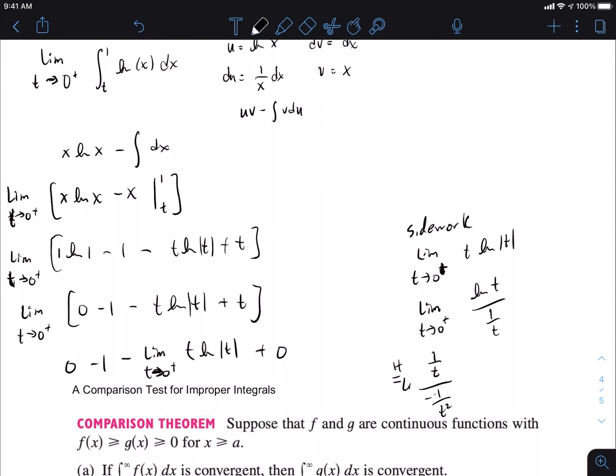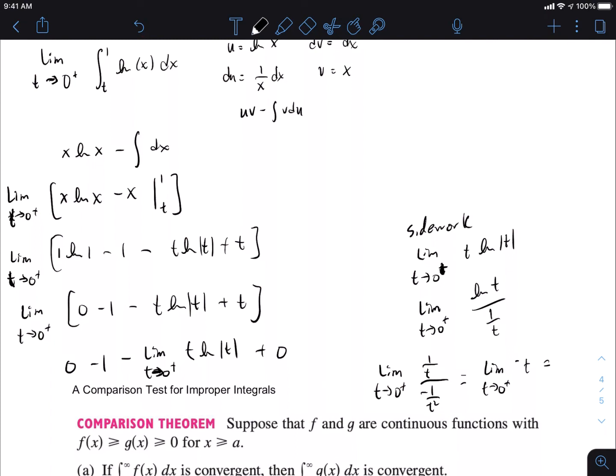And I got to keep the limit. I'll rewrite that. So I'll get the limit as t goes to 0 from the right of 1 over t over a negative 1 over t squared. That's the same as the limit as t goes to 0 from the right of negative t, right?